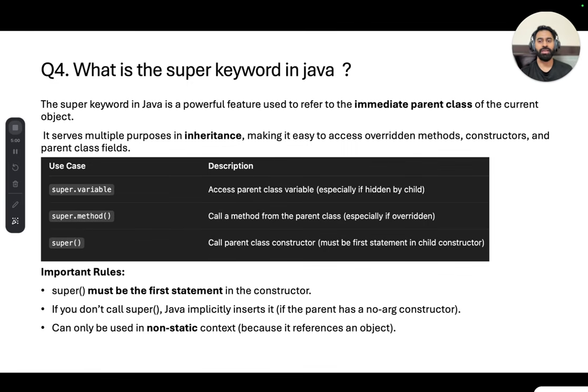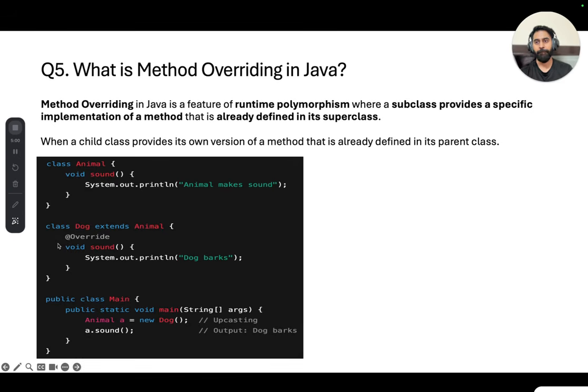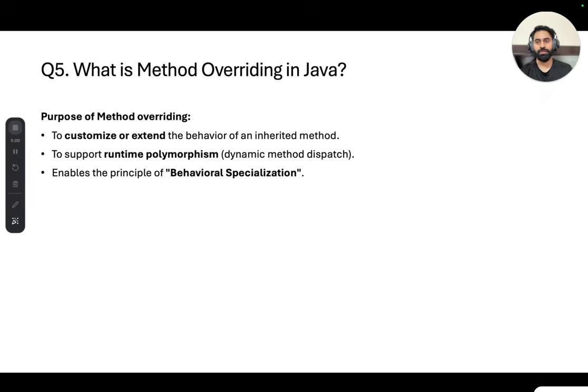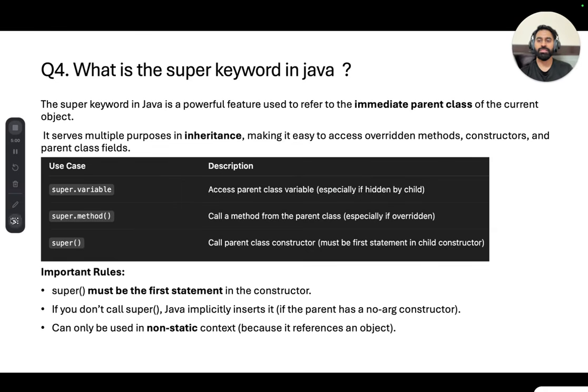And directly super with parameters will call the parent class constructor. So this super will call the parent class constructor, this will call the parent class method, and super dot variable will call the parent class variable.